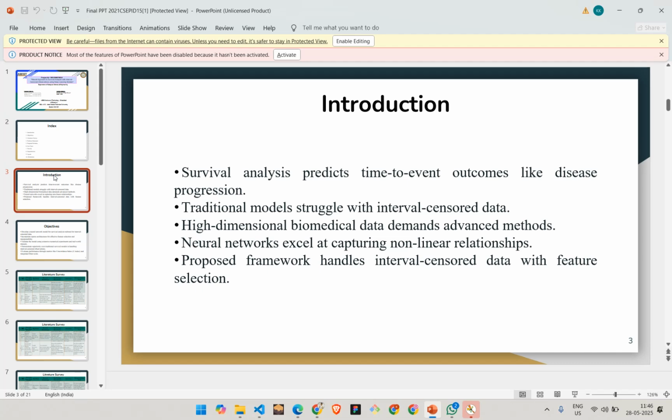in real world problems, especially in healthcare sector, manufacturing, and business analytics, we often want to predict how long it will take for an event to happen.